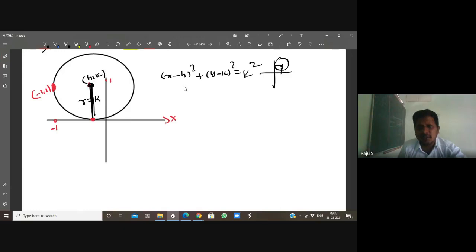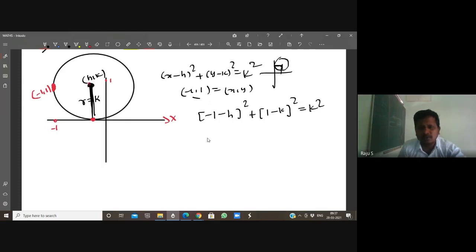Clearly it is passing through the point -1 comma 1, so substitute x by -1 and y by 1. So (-1 minus h) the whole square plus (1 minus k) the whole square is equal to k square.